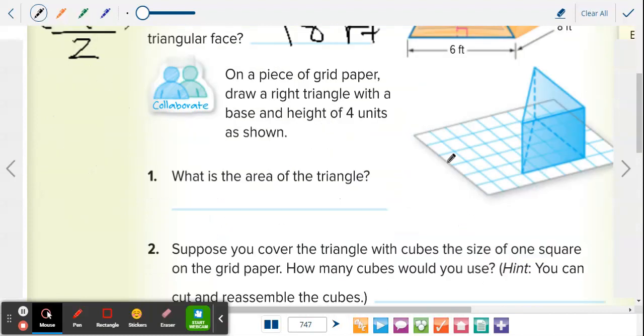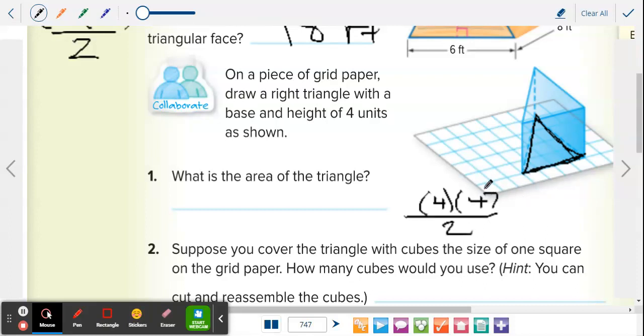Now down here they want you to draw on a grid paper. We're just going to use this one. So we have this triangle down here. That's what we're looking at, that triangle. So if you look, how big is the base of this triangle? 4, because they want us to find the area. How tall is it? 4.